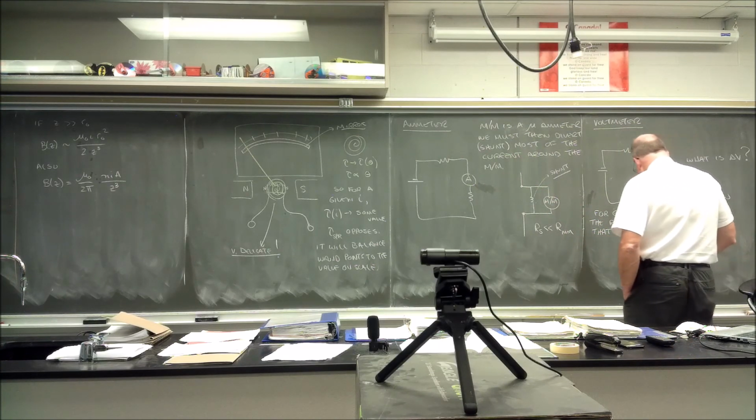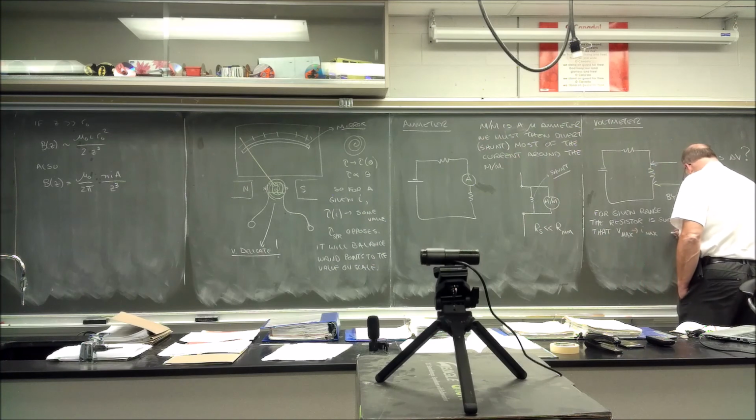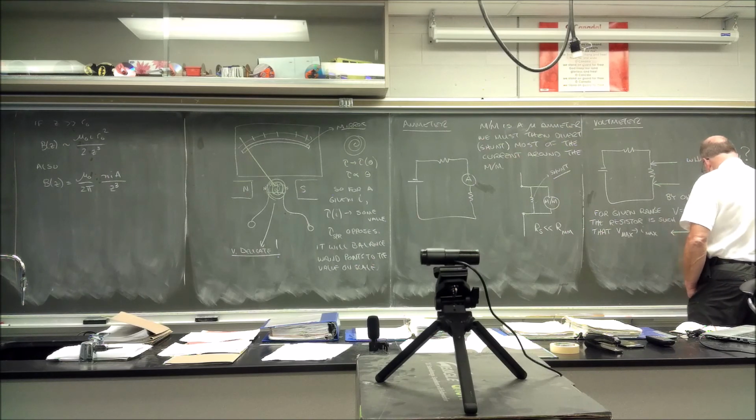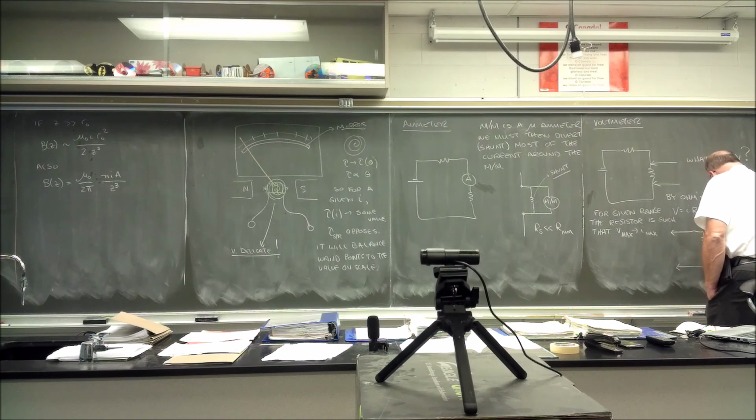So what will happen here is you've got your test lead, and then depending on what you're choosing, we have a resistor that's chosen, R, and then we have our meter movement, and then it goes back around again. This heavy-duty resistor limits the current.